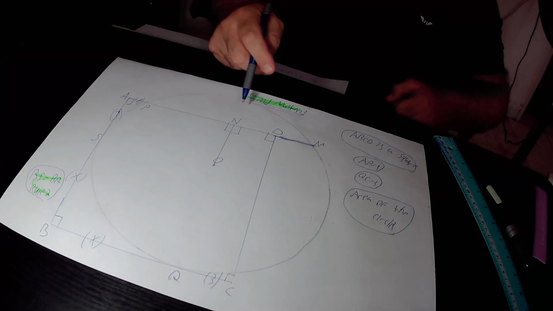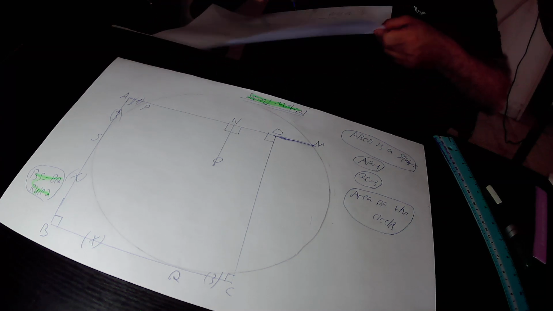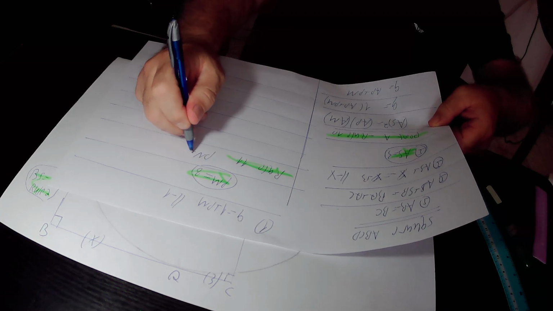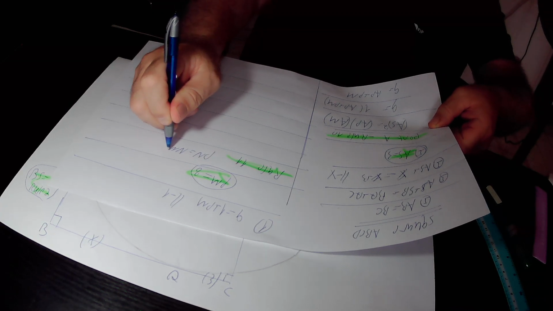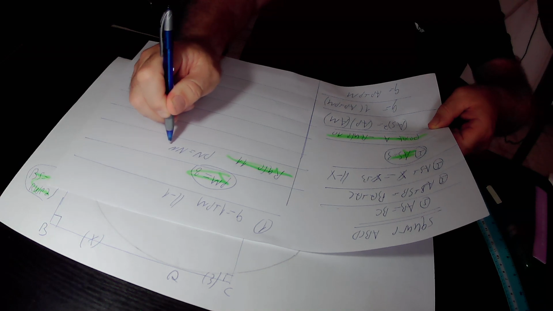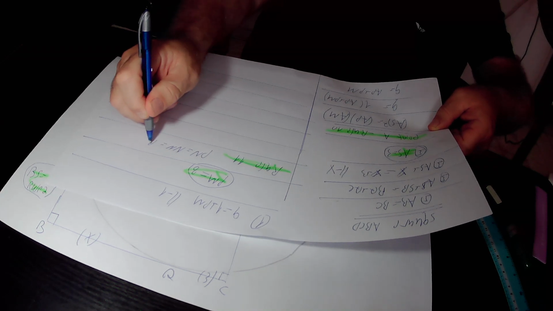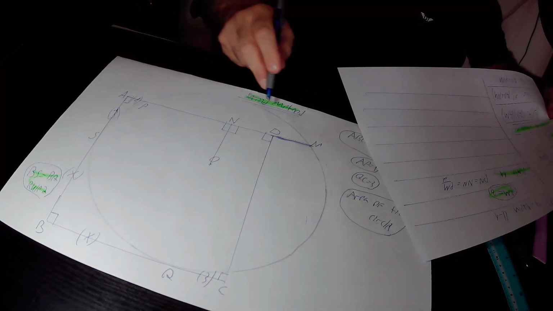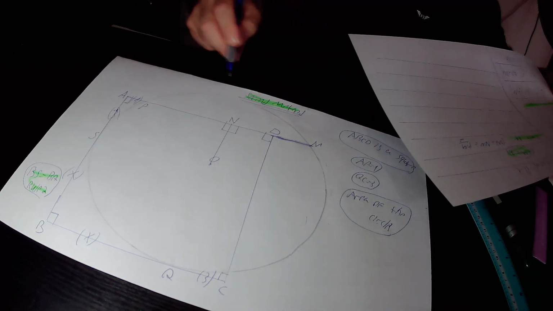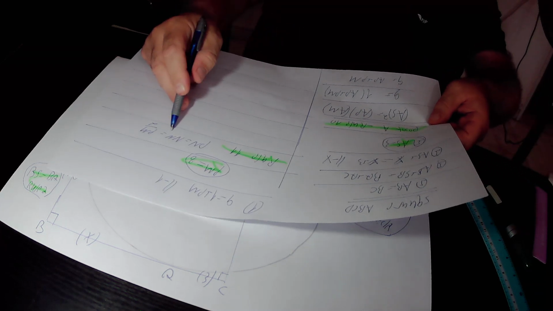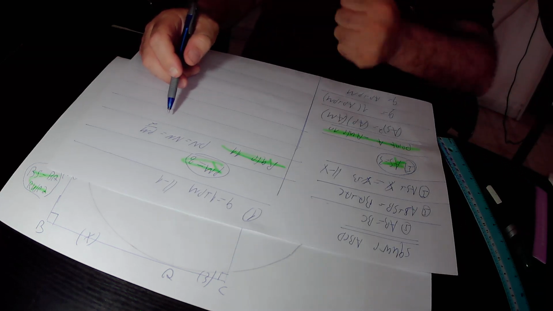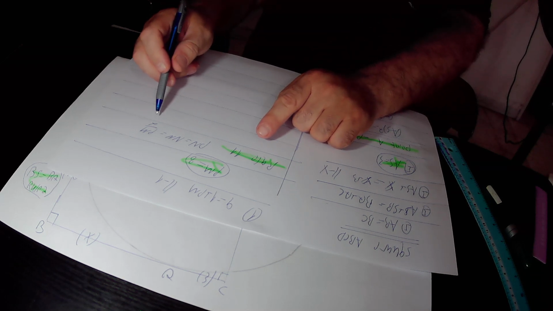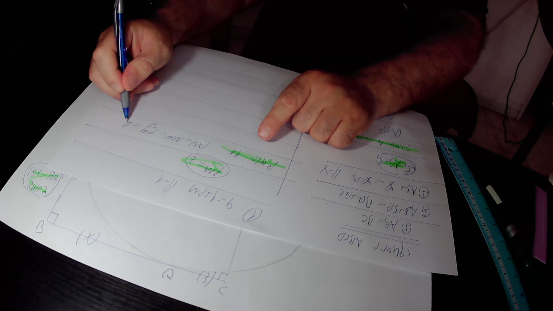So PN equals NM equals PM over 2, according to rule 11. But PM is 8, therefore PM over 2 is 8 over 2, that is 4.